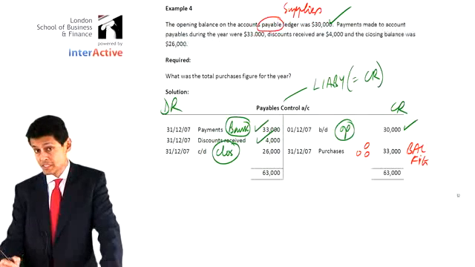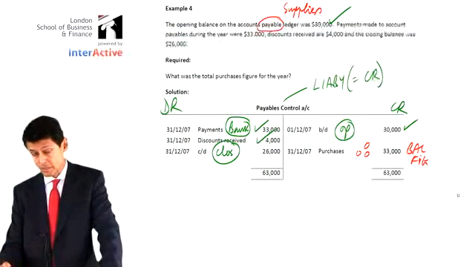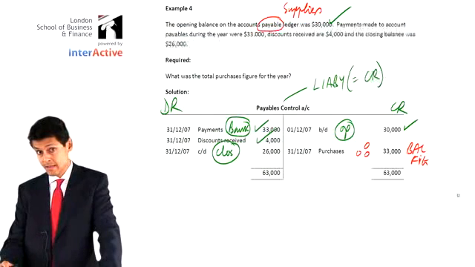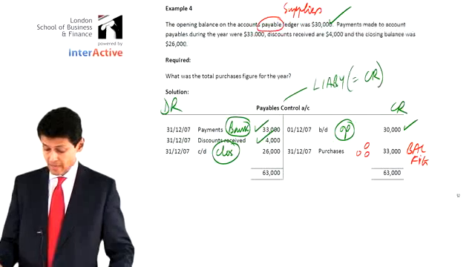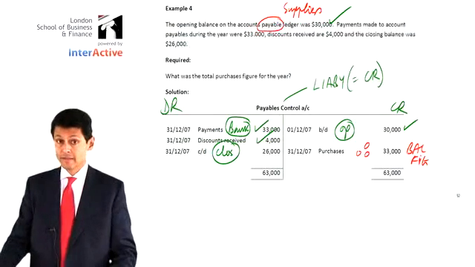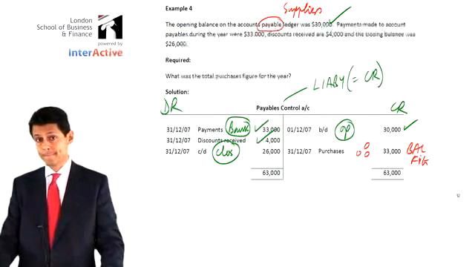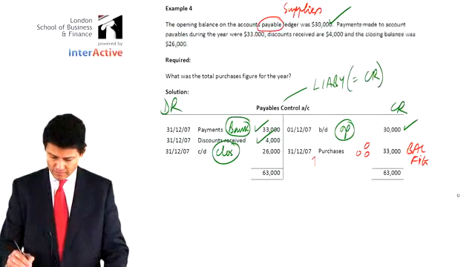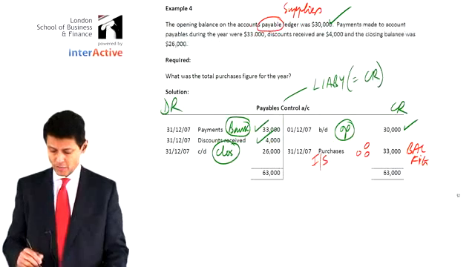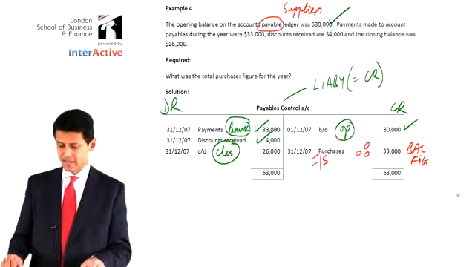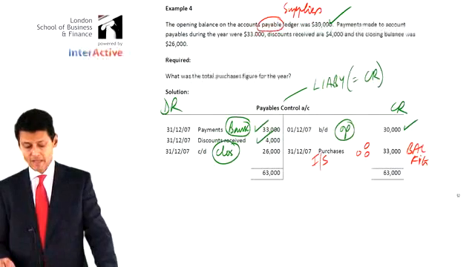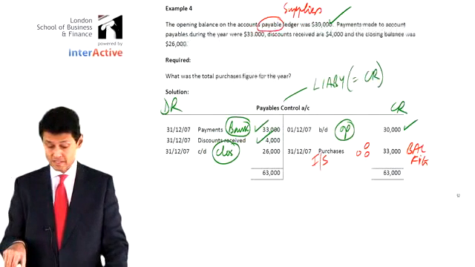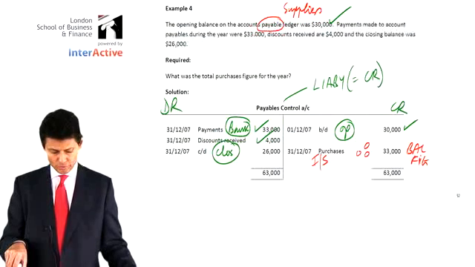The interesting thing is if you credit your payables control account, as we did just now, the debit, of course, will go where? You're right, it goes to income statement as purchases. That's a way of getting your answer quite quickly. So it's a debit to the income statement and a credit to this account, and that's how your figures are arrived at. Very, very straightforward.